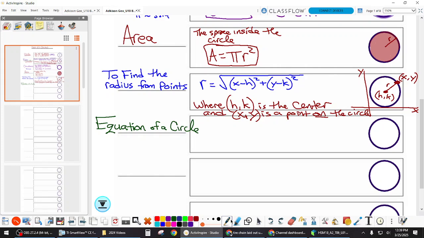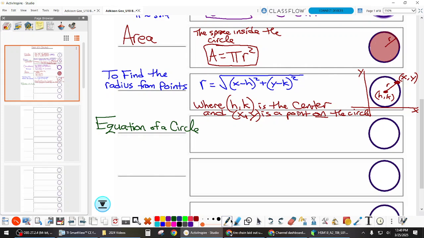The set of points equidistant from a certain center point. Good. Equidistant is talking about what distance? What's that distance called? The radius? Yeah. So we have to have a radius to define a circle, right?